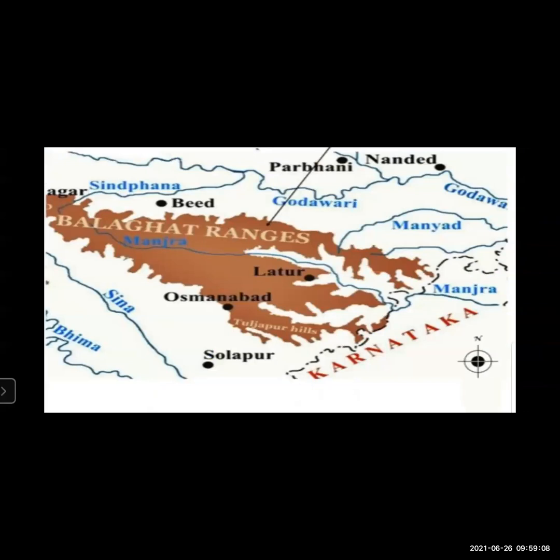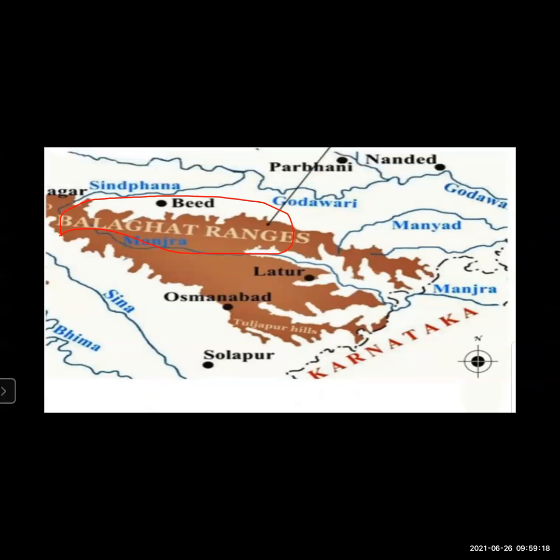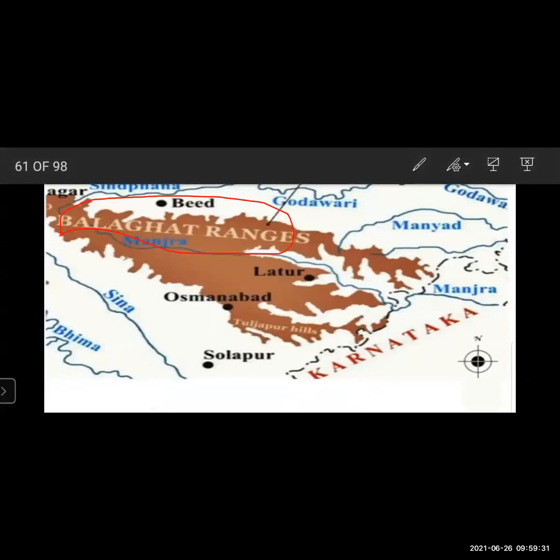Now see, they have seen the Balaghat ranges. See here, this is the Balaghat range. And now what is the observation of the student? Now we are in the southern part of the Balaghat ranges. They are the eastern offshoots of the Sahyadris. Southern part of the Balaghat ranges means, see, this is the Balaghat range, and this is the southern part.